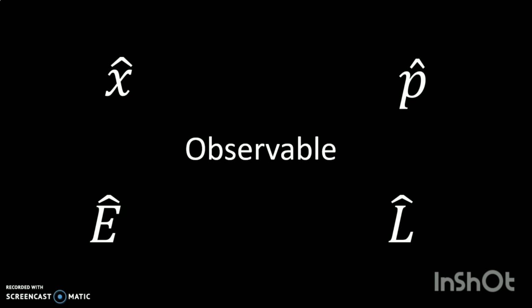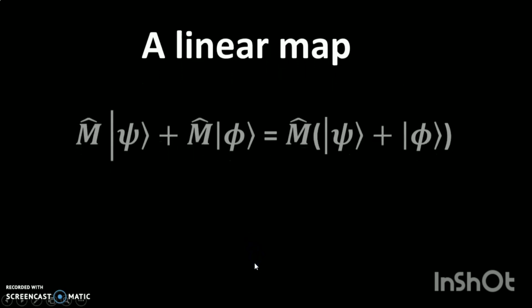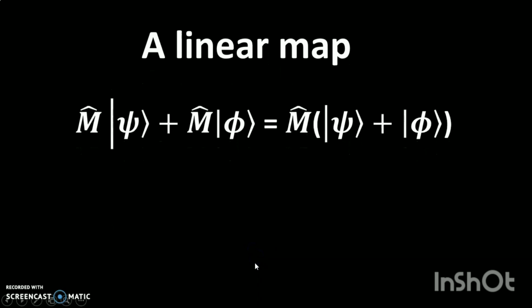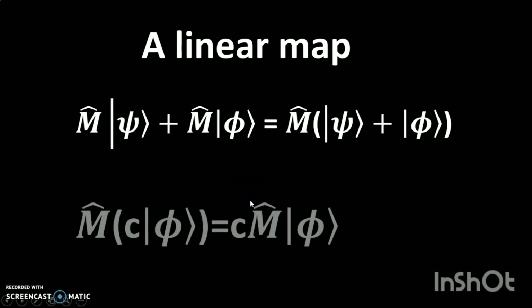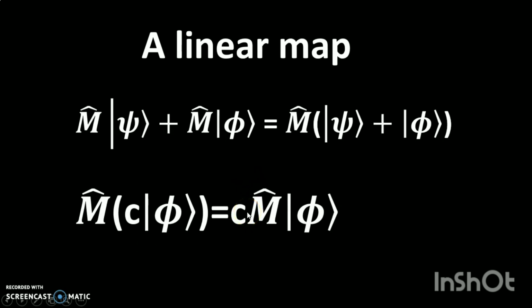A linear operator is a map on a vector space that respects the linear structure of the space. In other words, a linear map satisfies the following properties: addition is still addition, and scalar multiplication is still scalar multiplication.